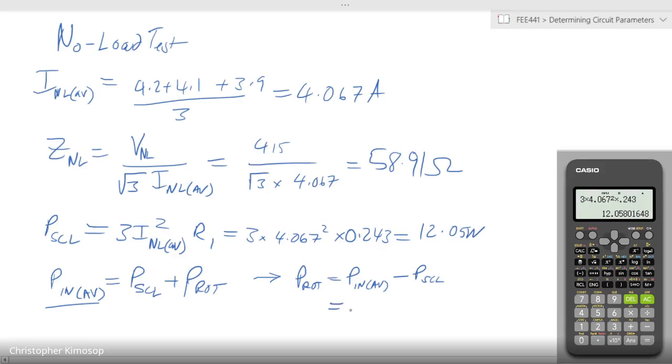So it is 420 minus 12.05, which gives us 407.95 watts. Okay.